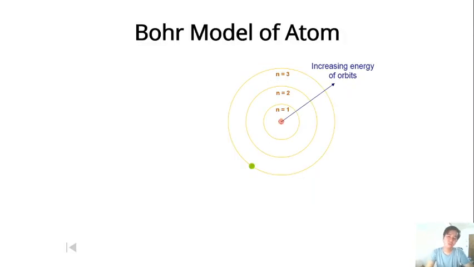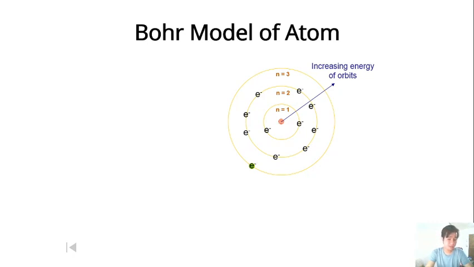So, what do you mean by this? According to Niels Bohr, electrons would only emit photons, or what we call light bundles, when they move from a higher orbit to a lower orbit. Let's imagine that these letter E's are the electrons surrounding the nucleus, and we have 2 electrons in energy level 1, and 8 electrons in energy level 2. There is an increasing energy of orbits.